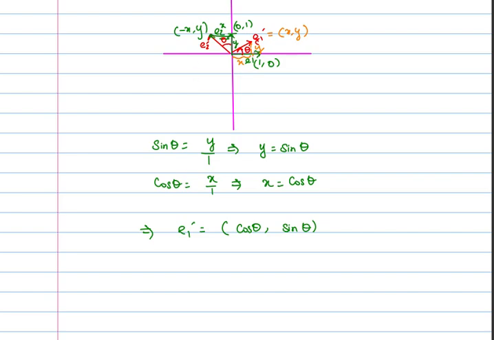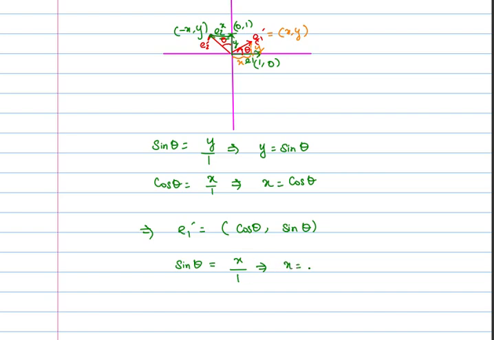So please find it. cos theta, sin theta: the opposite side is x divided by 1. Sorry, here it is not minus; the length is always positive, correct? The length is x only, so x divided by 1 equals sin theta.